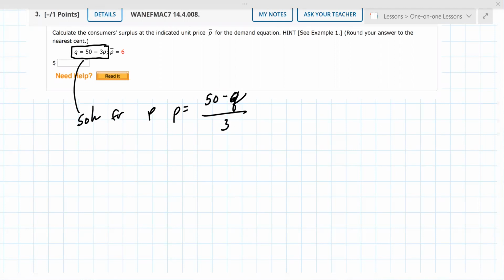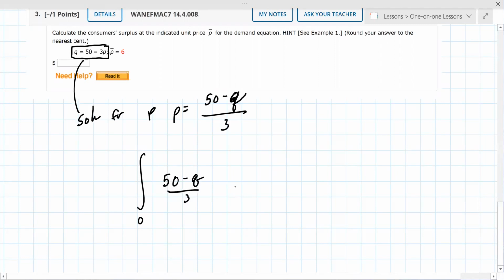So that's your function. So you're going to integrate that function from 0 to something, 50 minus q over 3 minus 6. And then to figure out what this upper bound is, you set 6 equal to 50 minus q over 3.